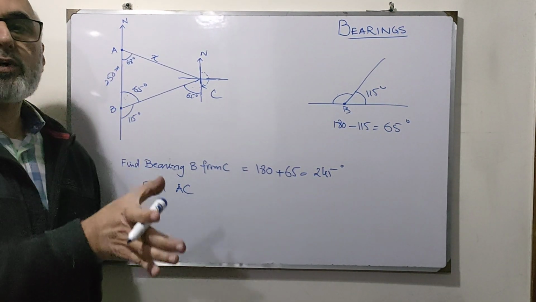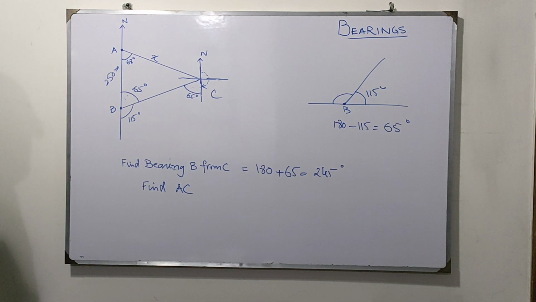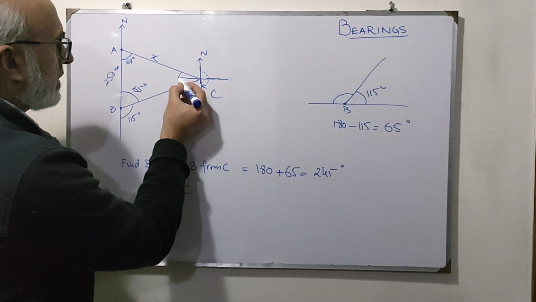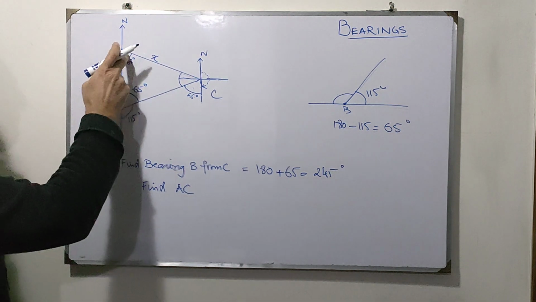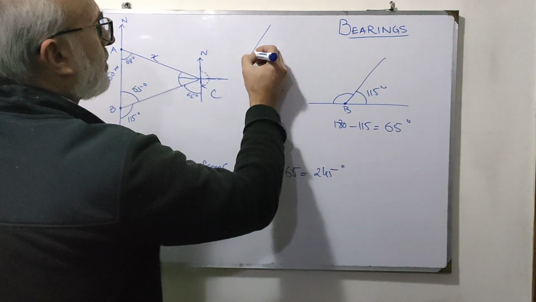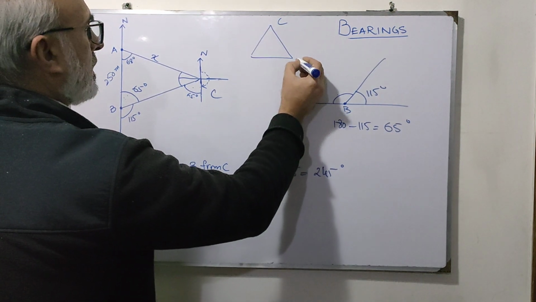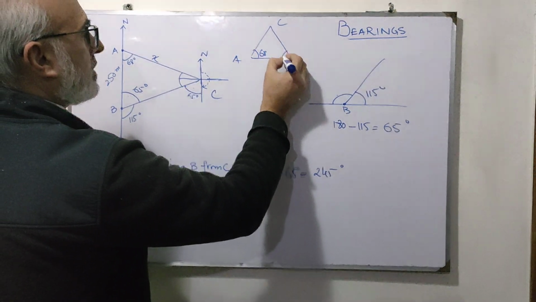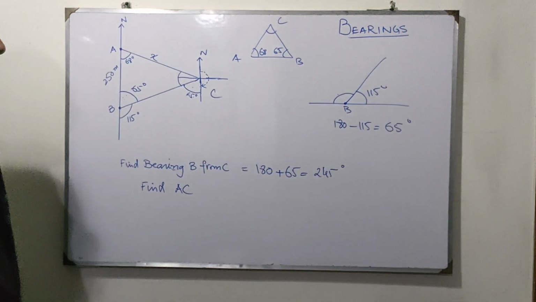The distance between the 2 points A and C. For that, I need to know what this angle is. This is a triangle C, B and A. So this is 68, this is 65, and the total is going to be 180.